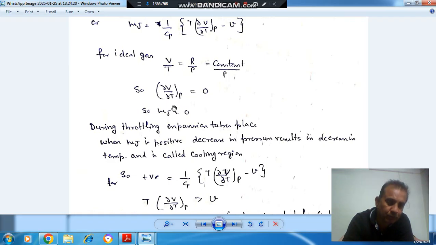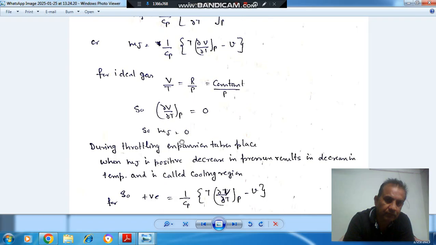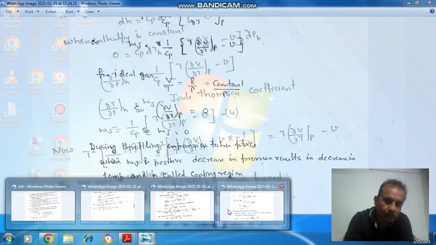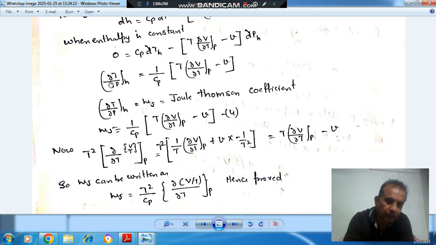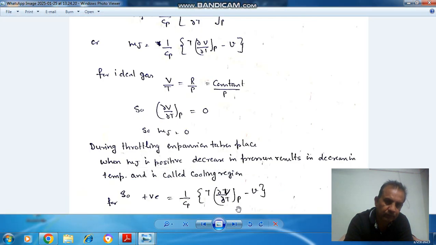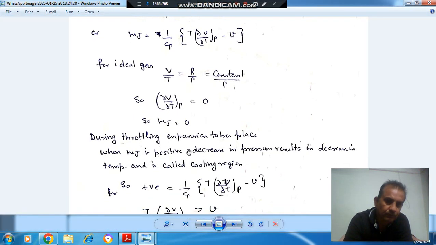Now μJ can be positive or negative. If μJ is positive, it means that if we perform throttling, which is an expansion process, then with the decrease in pressure, the temperature will also decrease. That is the cooling region.